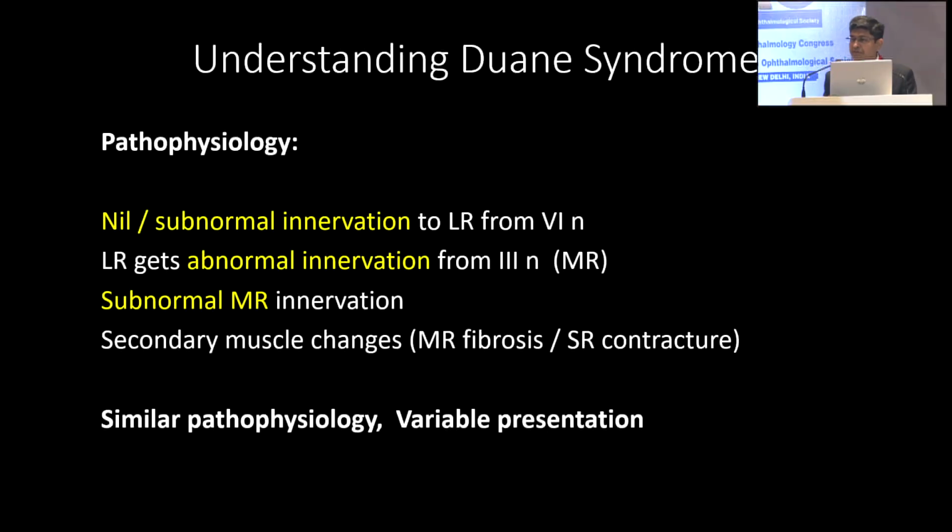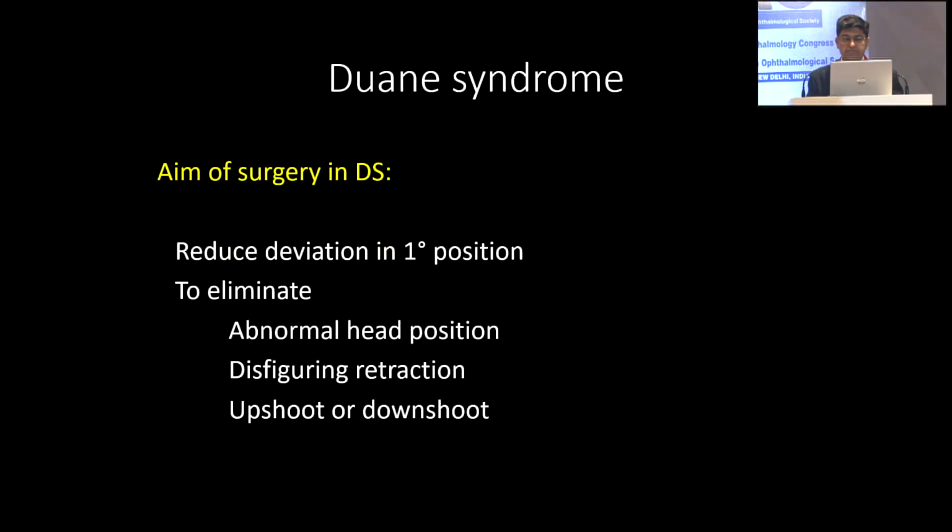So the pathophysiology is this, but the variability that we'll be seeing is huge because of the variability in the amount of nerve fibers getting transferred and the manifestations of abnormal innervation and subnormal innervation.